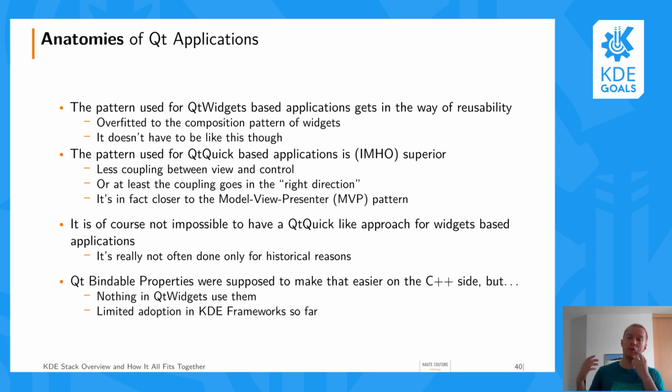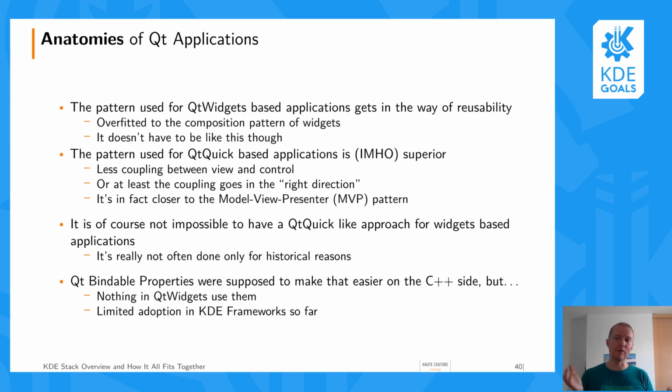There's been, on the Qt side, somewhere in the Qt 6 cycle, I don't remember exactly in which version, the introduction of Qt bindable properties, which were supposed to make that easier on the C++ side, to have an architecture similar to what I've shown for QML, but on the C++ side, and so with widgets. But nothing in KDE Frameworks widgets uses them, which is kind of a bummer. And so we've seen a limited adoption of them in KDE Frameworks so far. Again, there's quite some legacy and history there.